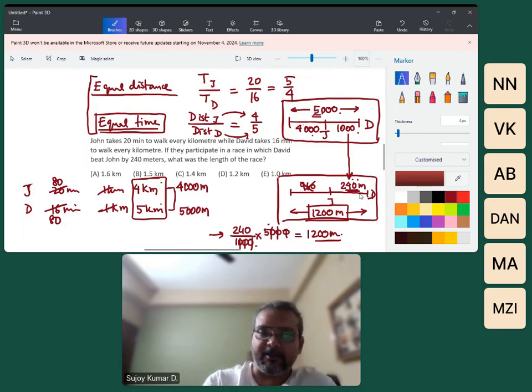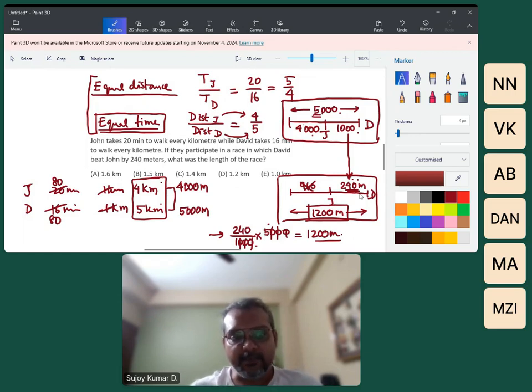My suggestion is when you are solving questions on time and distance, especially these type of questions, when you are practicing, try to use ratios rather than forming equations. The more you can work with ratios, the faster your solutions will come out to be.